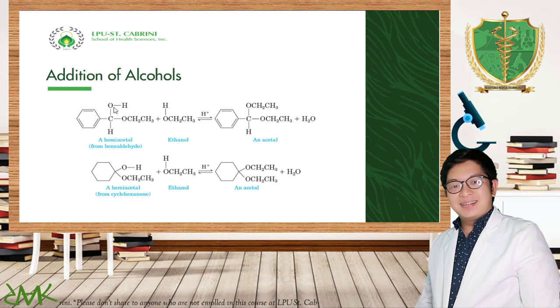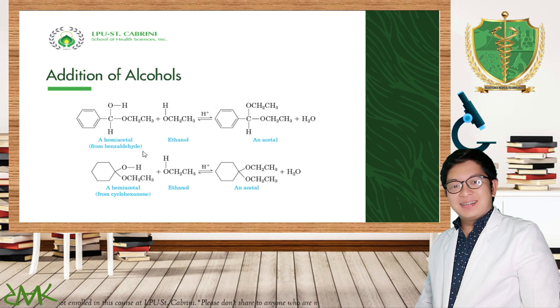Now, this time, it is no longer half, because it now has two alkoxy groups in the acetal form. That's why it is now called an acetal. The OH that left the hemiacetal will combine with the hydrogen lost from the oxygen, giving us water. Again, this is a reversible reaction. This means an acetal plus water will give you an alcohol and a hemiacetal.